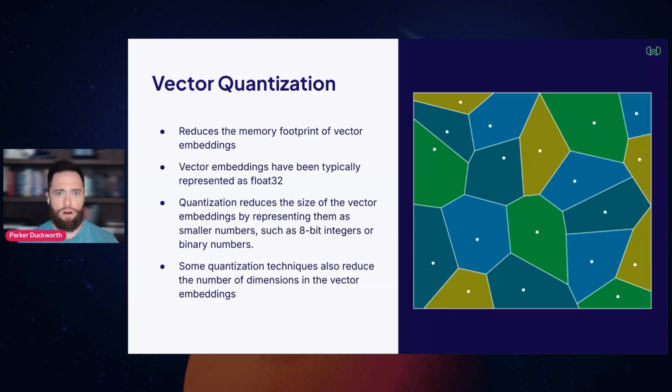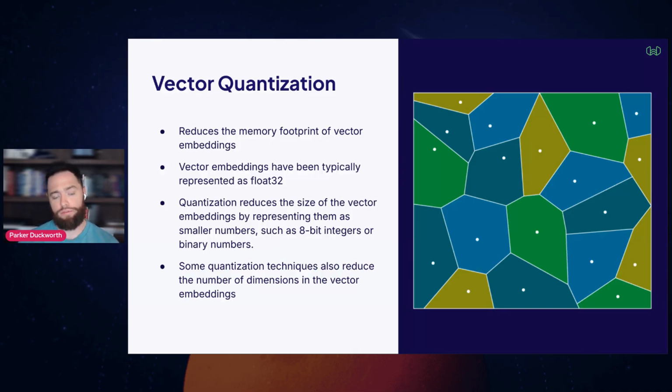Traditionally, vector embeddings are represented as arrays of 32-bit floats, and quantization, one, reduces the size of the vector embeddings by replacing each of those individual dimensions with a smaller size numerical representation, such as an 8-bit integer or even a binary representation. And two, some quantization methods also reduce dimensionality in general.